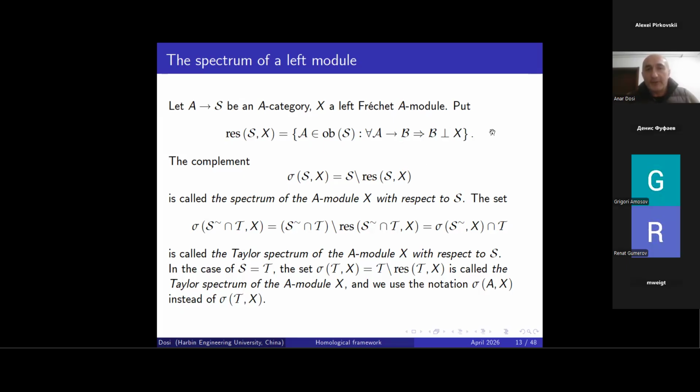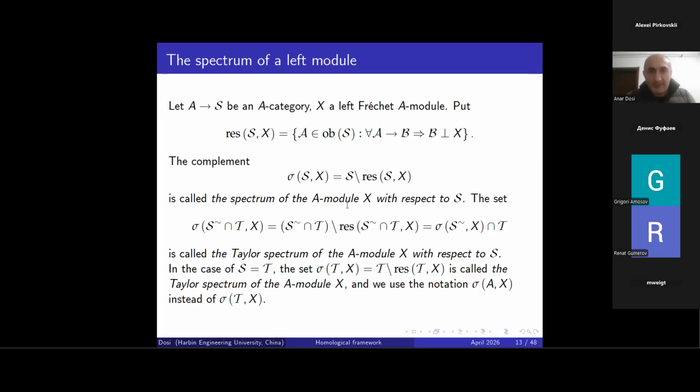It's all happening over the base algebra A. Look, this is the definition of the resolvent set. So we need to pick up all algebras such that for every morphism, B, the targeting algebra, is in the transversality relation with respect to X.